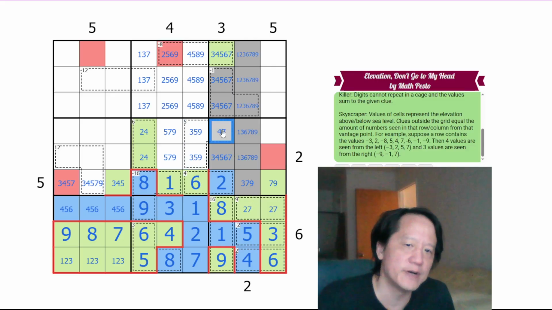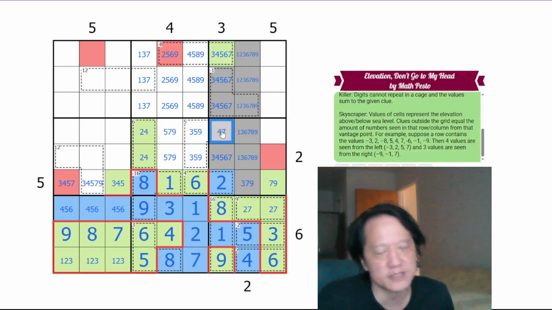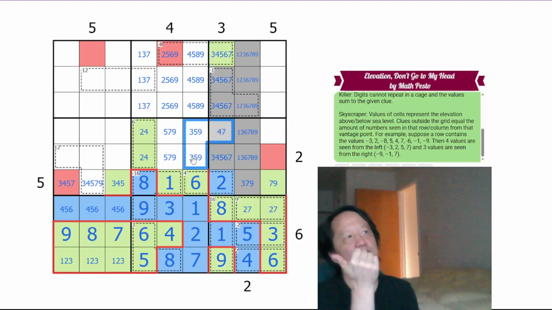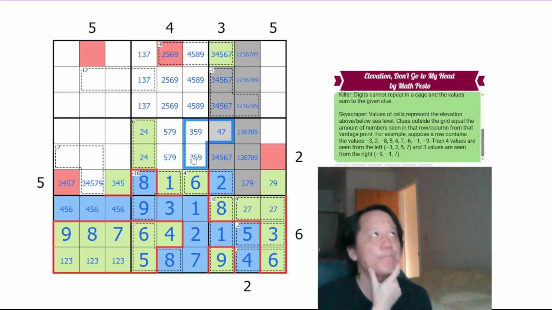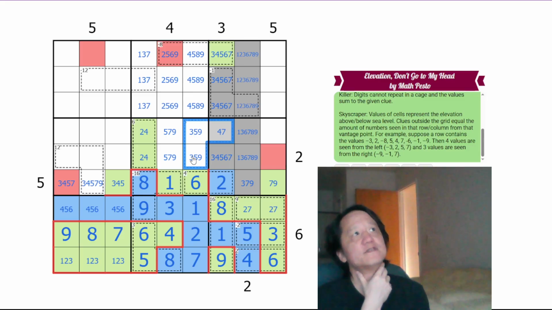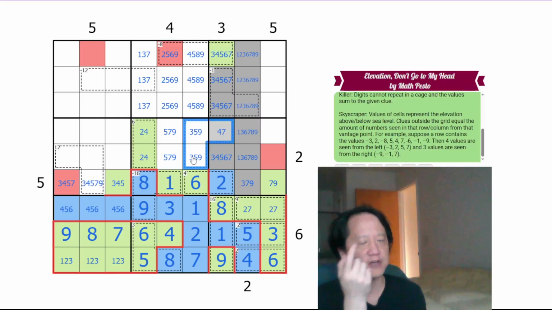Oh, this cannot be positive 7. If this is positive 7, then it would see this cell and this cell here, and then it would see 4 cells in column 7. So 3, 7 minus 5 does not work. So that's 10 minus 5. We don't have 4, 6 available either.